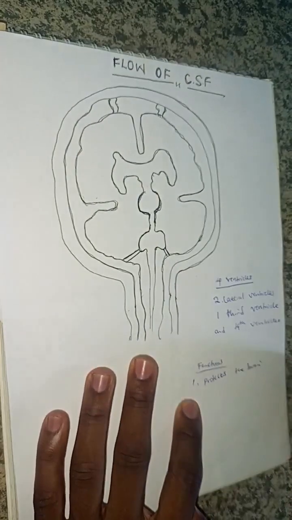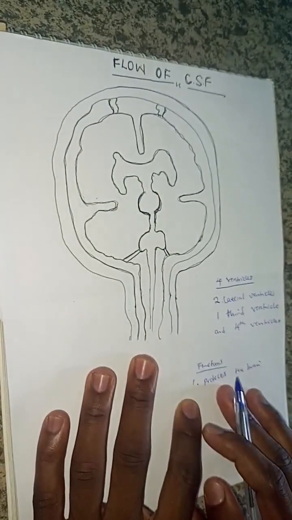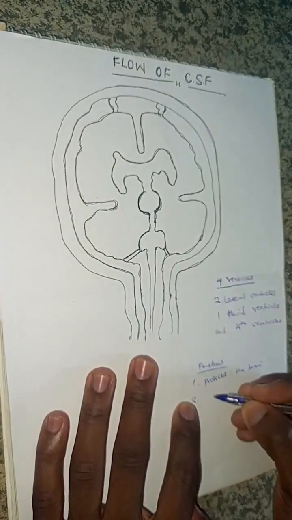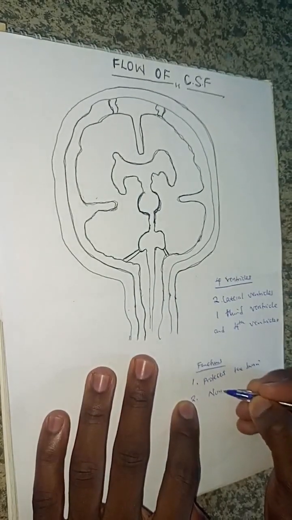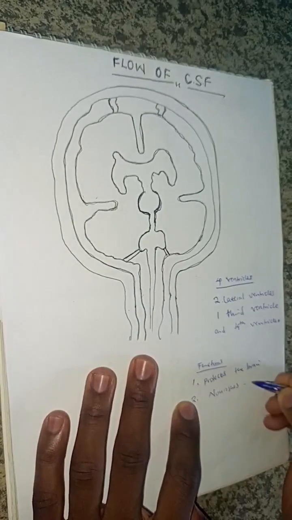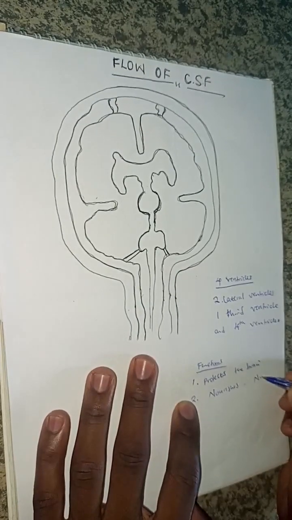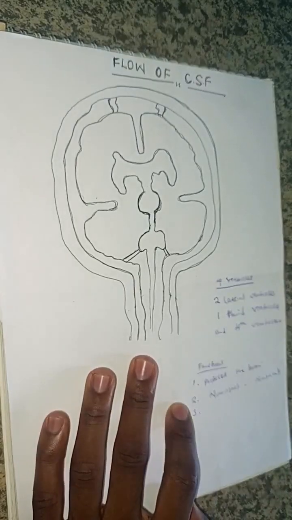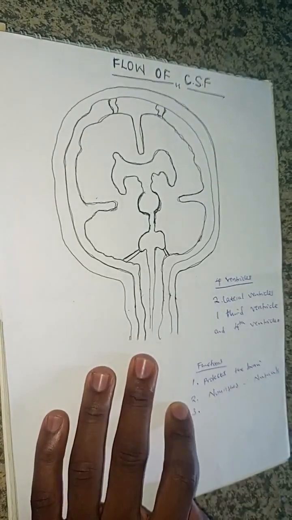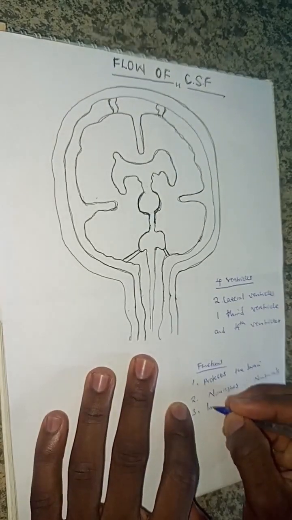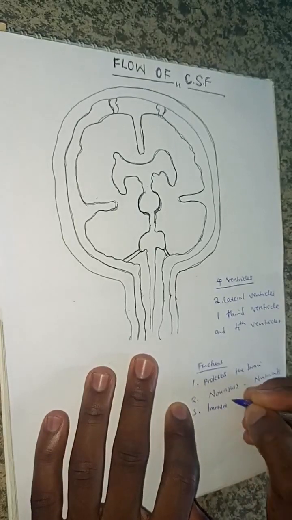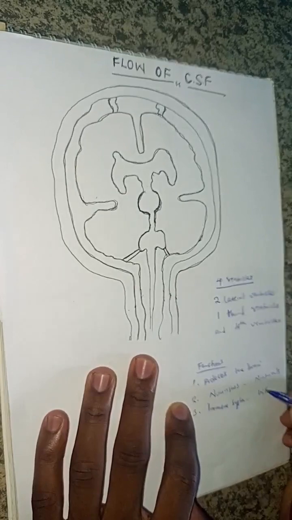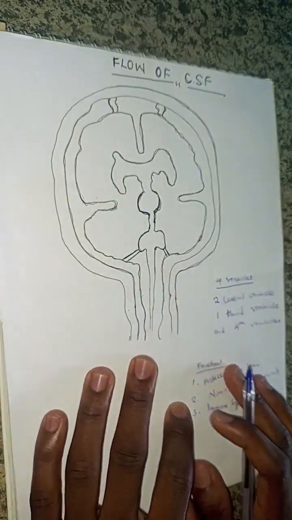Number 2, it also nourishes the brain, so it contains some nutrients. Then the other thing is that it also plays a role in the immune system, so you're going to find white blood cells in this delicate fluid.